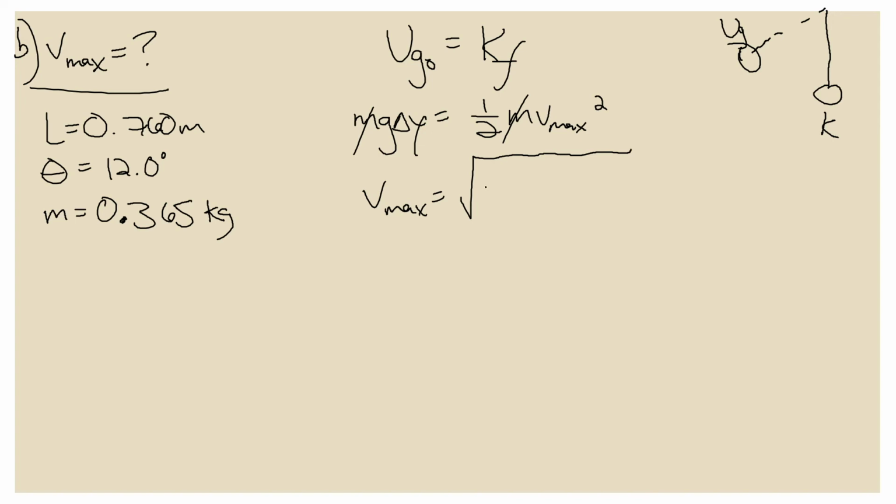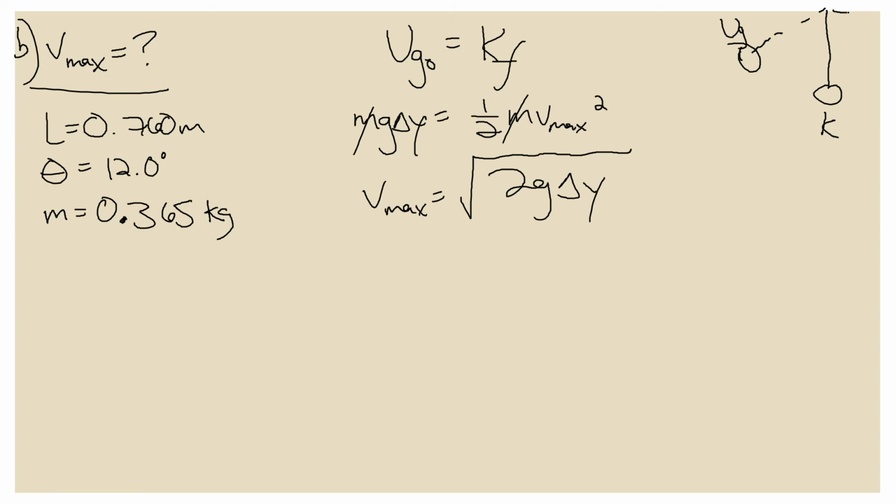V max is equal to the square root of 2g delta y. Now, of course, the problem with this is we don't have the height. This is something that's really important to remember for the AP test in case it comes up. You can always use the length and the angle of a pendulum to determine the height.